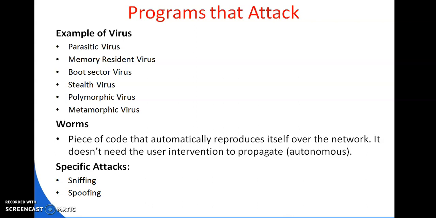Next, the Trojan horse is one type of virus. It is a hidden piece of code like a virus. However, the purpose of a Trojan horse is different. The main purpose of a virus is to make some sort of modification to the target computer or network, while a Trojan horse attempts to reveal confidential information to an attacker.